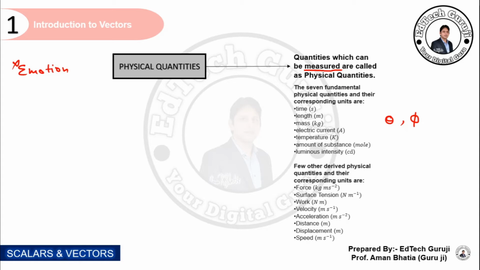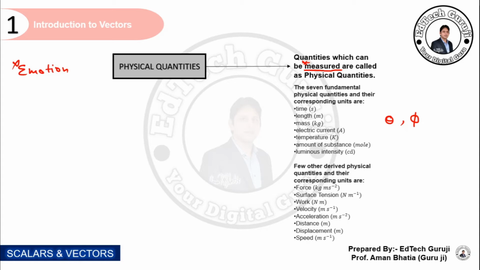I cannot give all the examples here, as I said there are many other physical quantities, but here are a few for just our understanding. So now we have understood that the 7 physical quantities, 2 supplementary, and the remaining all physical quantities which we will study in 11th and 12th are all derived physical quantities. Now, what is making all these quantities physical quantities? Yes, the term measured. These can be measured and the units are given for their respective measurements, guys.